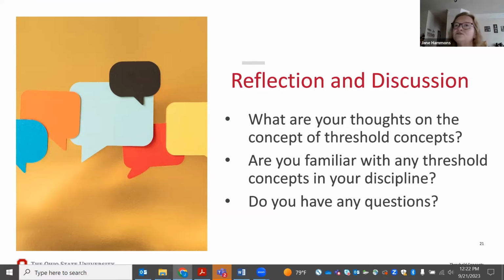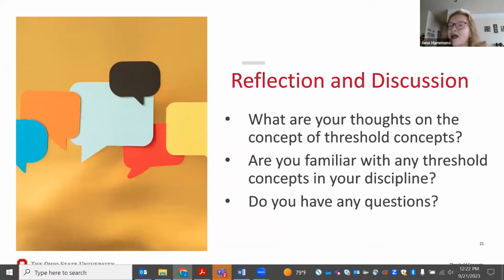Because I think for a novice learner, my perspective would be that you would have to pass through the portal to even recognize something like this. So they might be struggling, but they might not really be able to explain why, right? There's something that I'm not getting. And then something will happen, and then they'll be able to get it.